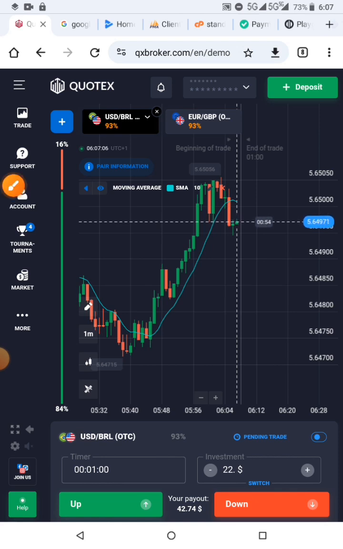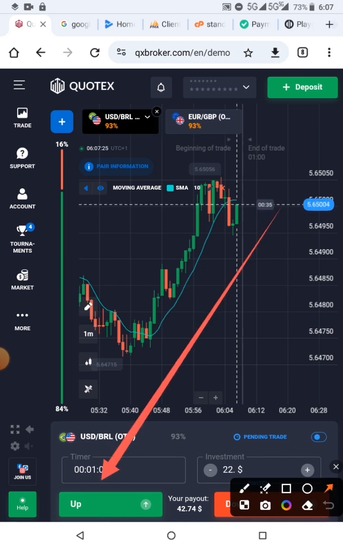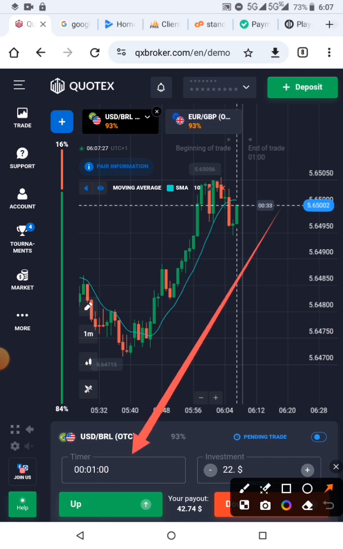So for some people, like I said, this is how the preview is on my tab. Let me add the arrow back so that I can explain something. This is where you choose your time.